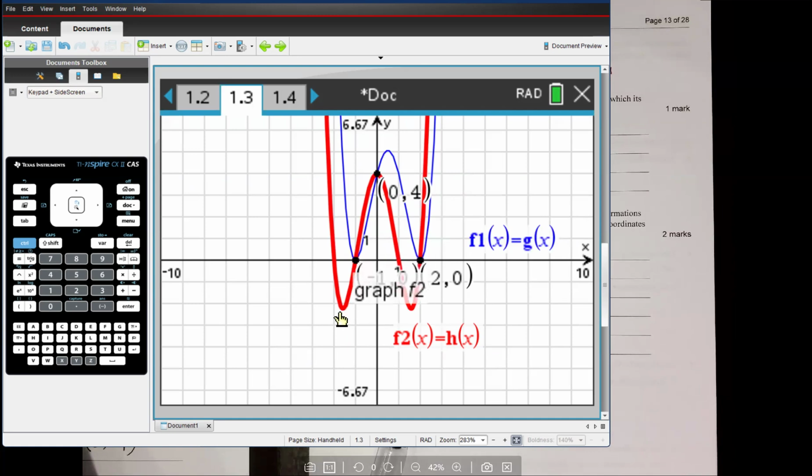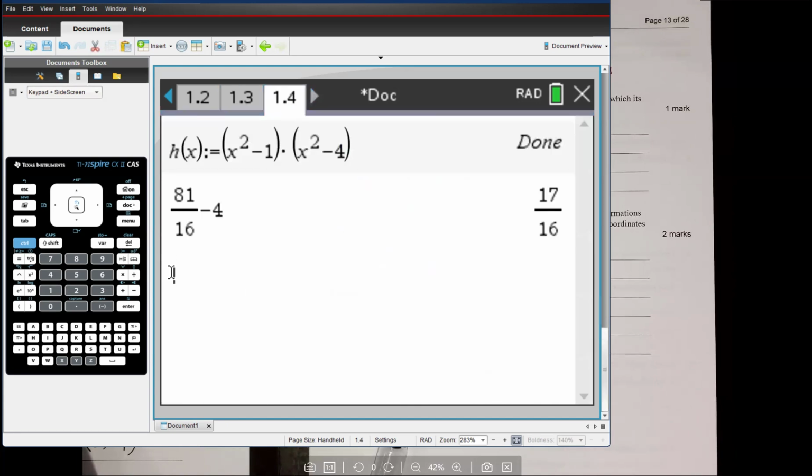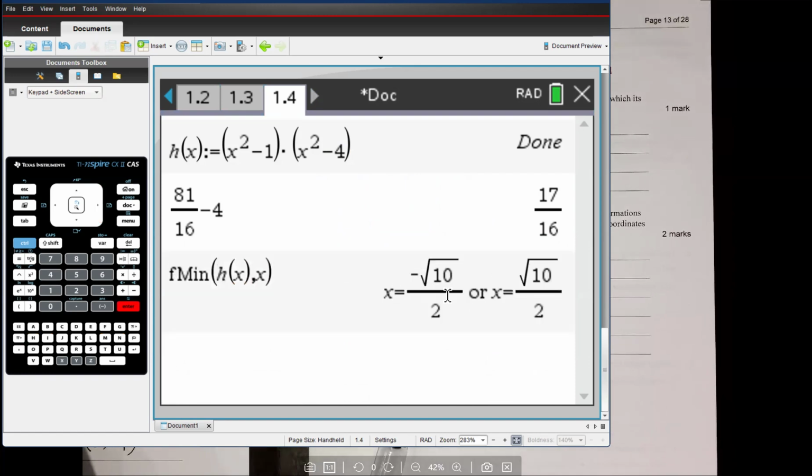But as for the second graph, if I want the minimum, I probably need F minimum, H of x. So you can see these two absolute minimum turning points will be at x equals plus minus root 10 over 2, which means the distance between the two minimum will be root 10, okay?